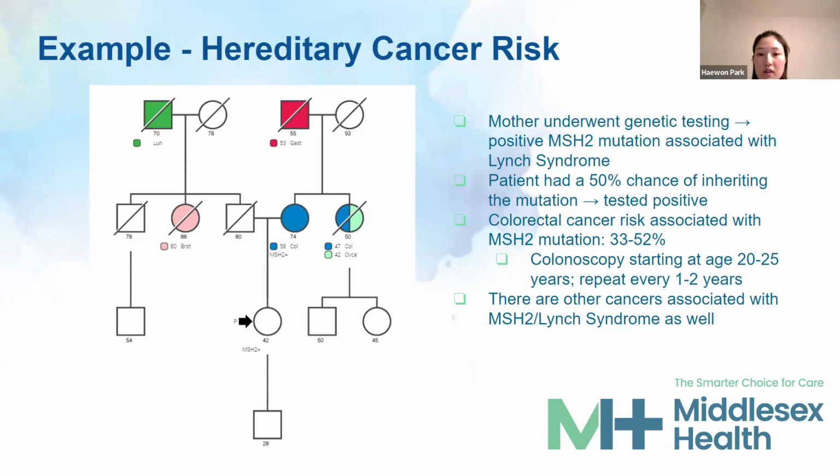The average risk of developing colorectal cancer in the general population is about 4%. With this MSH2 mutation, the risk is elevated to about 33 to 52%. Based on the national guidelines, individuals with an MSH2 mutation can start colonoscopy screening as early as age 20. So our patient, who's 42 years old, needs to start colonoscopy screening now, and it needs to be repeated every year.